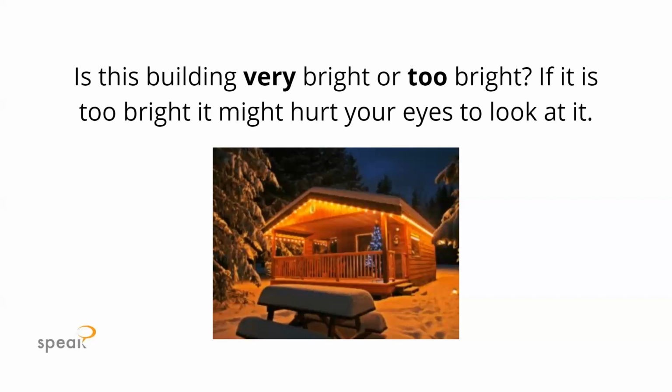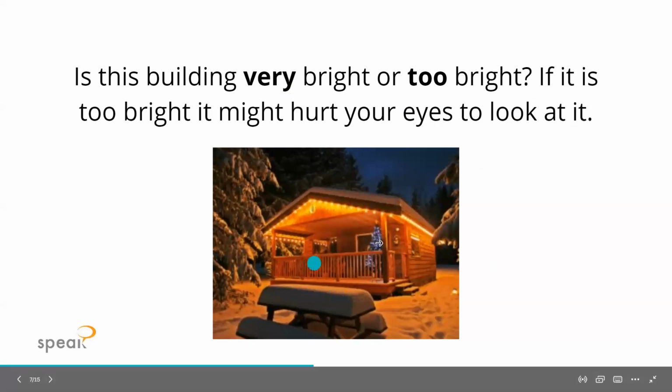Excellent. For example, en este caso, tenemos un contexto bien genial, porque acuérdense de que very implica algo positivo y too algo negativo, porque no es lo mismo decir muy brillante a demasiado brillante. Entonces, in this case, very means muy and too demasiado. That's the reason we have this sentence. Si está demasiado brillante, podría lastimar tus ojos al verlo.